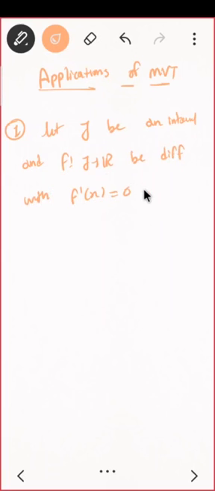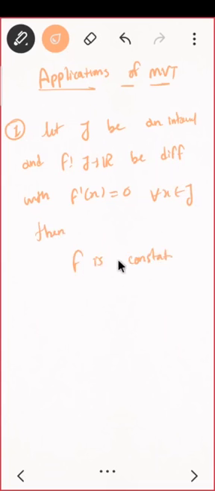Let J be an interval and f from J to R be differentiable with f dash of x is 0 for all x belongs to J, then f is constant.